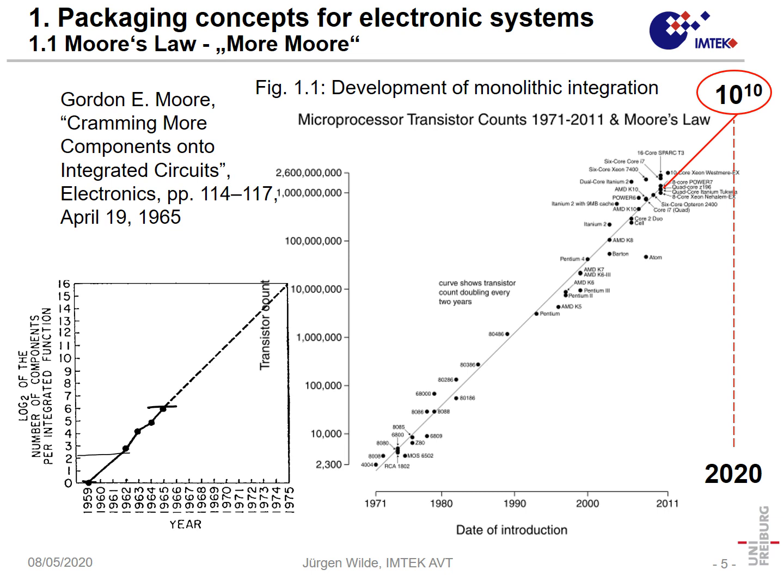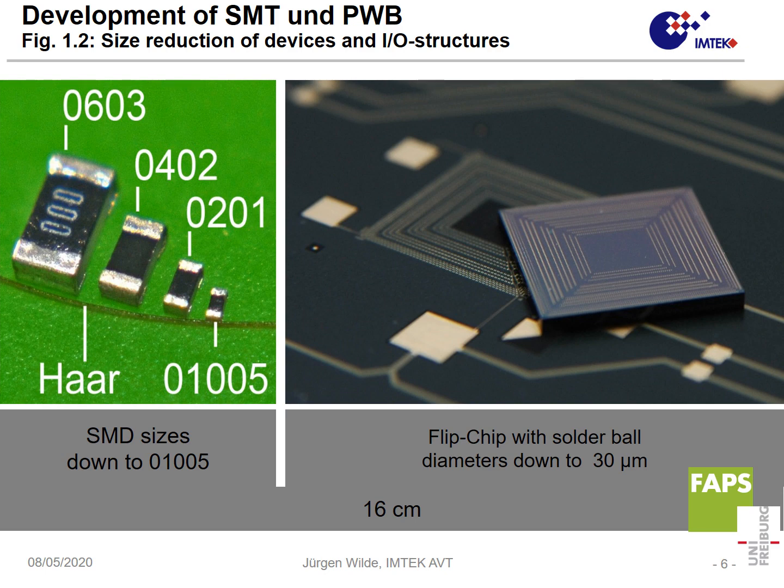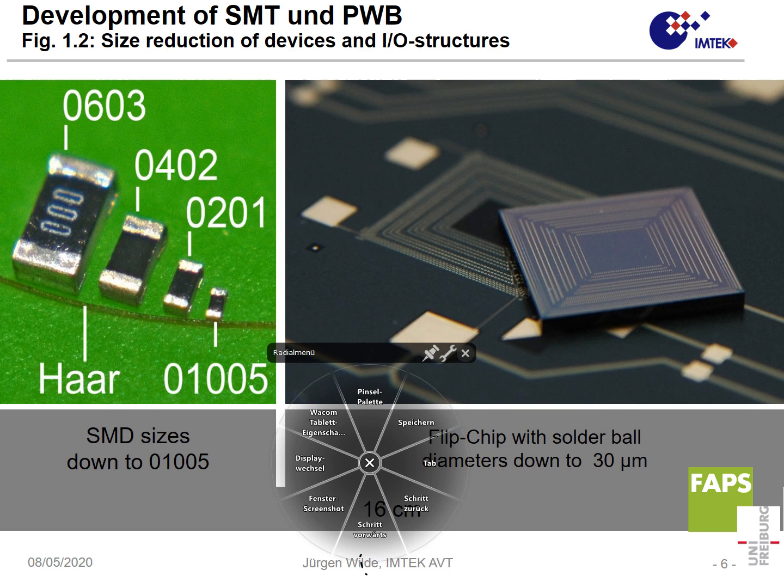Okay, but in the end, electronics do not just consist of processors. We have passive devices. For instance, we have chip resistors or chip capacitors, which go down to sizes something like 1 millimeter by 0.5 millimeter.